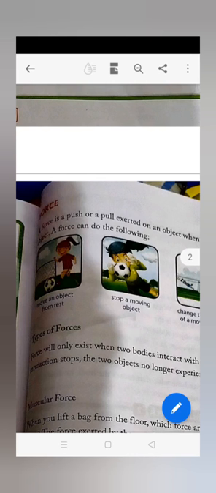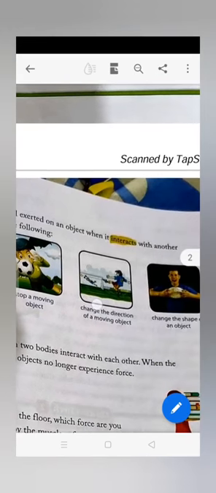So what is a force? A force is generally a push or a pull exerted on an object when it interacts with another object. So when they act together, whatever work is done, that is known as the force.